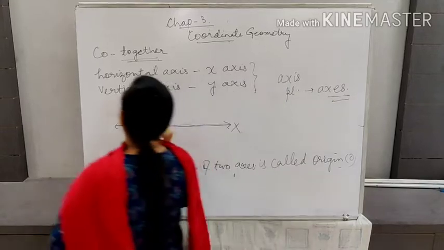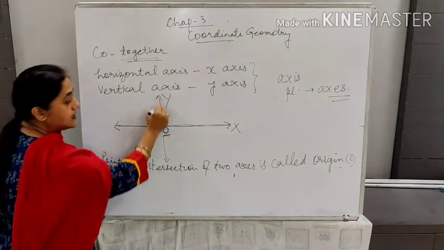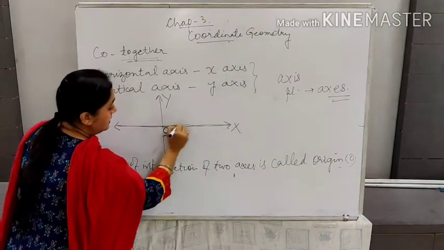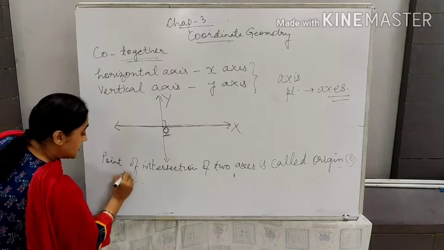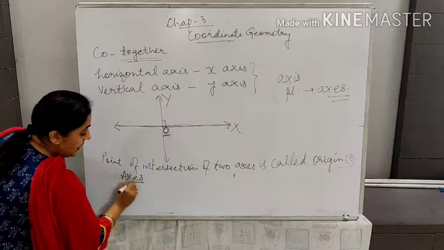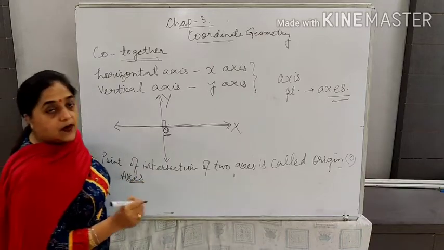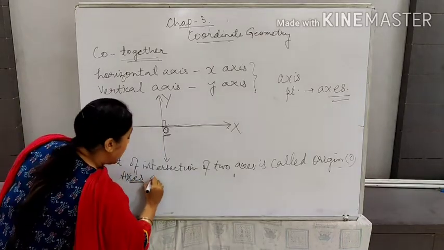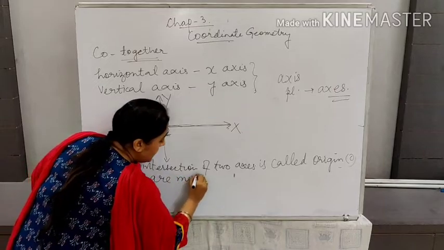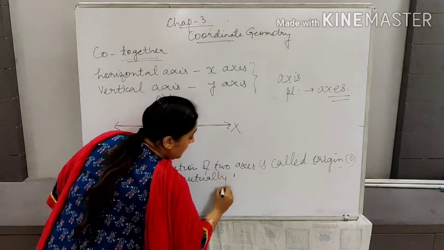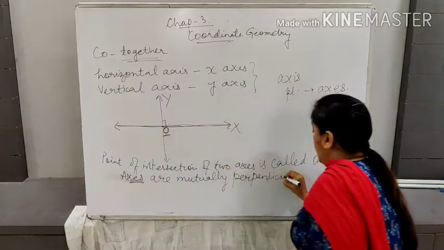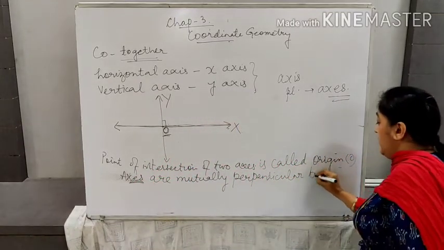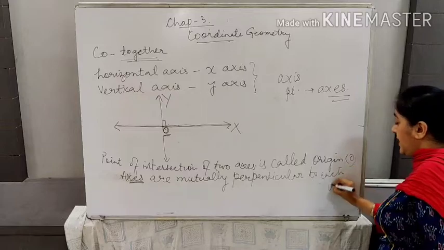Now can you see, when these two axes are crossing each other, they are mutually perpendicular. I am writing AXES because it is the plural of axis. Axes are mutually perpendicular to each other, right?